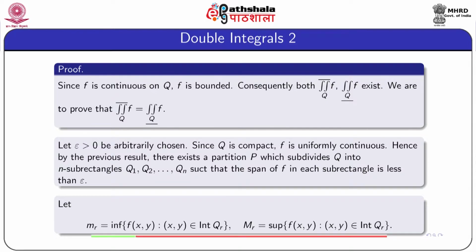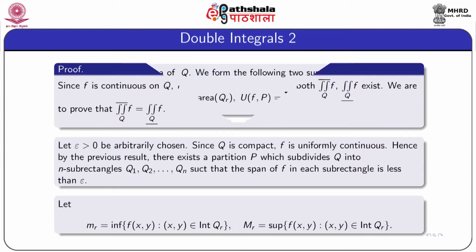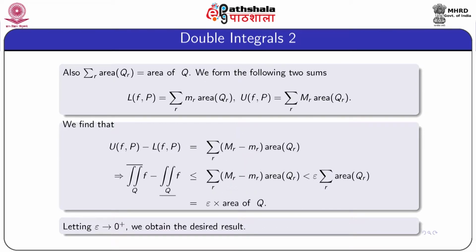Let small m_R and capital M_R denote the infimum and supremum of values of f(x,y) when (x,y) is in the interior of Q_R. Moreover, the sum over R of area of Q_R equal to area of Q. We form the following two sums: L(F,P) equal to summation over R of m_R times area Q_R, and U(F,P) equal to summation over R of M_R times area Q_R.